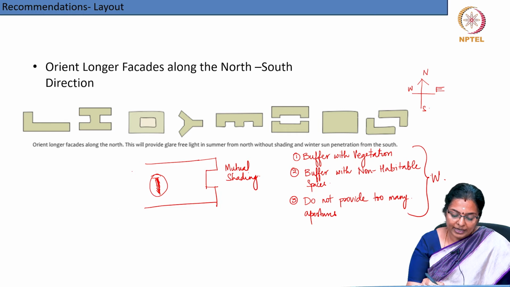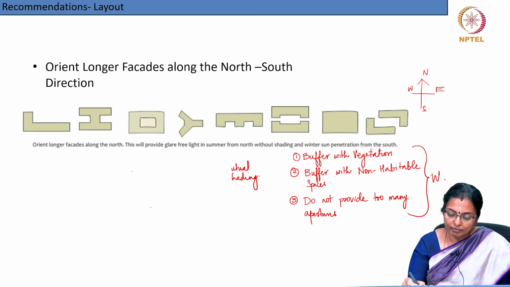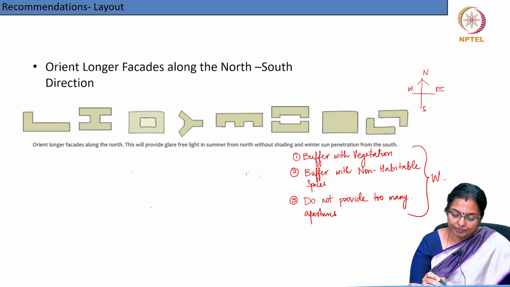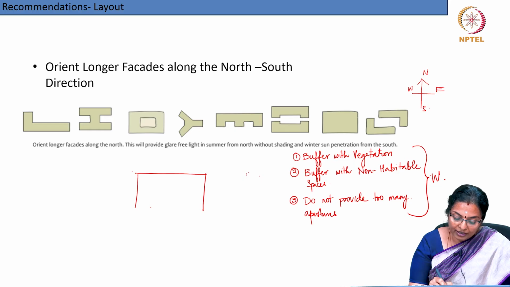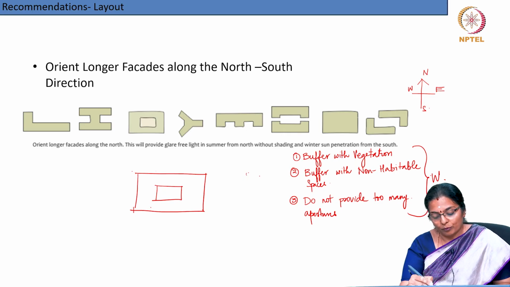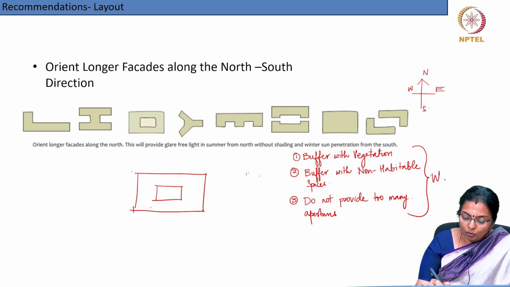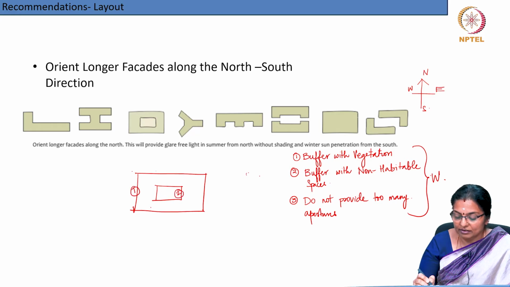Now let us look at the next plan form. The next plan form is a courtyard type of plan. Again, in this courtyard type of plan, you have two western facades. Facade number 1 is here and facade number 2 is here.